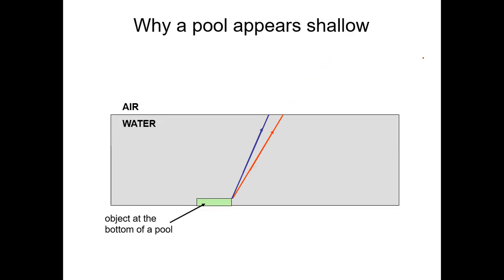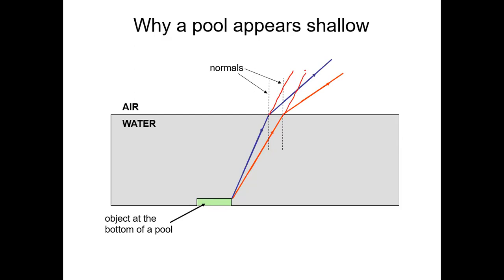Of course, as light is going from water to air, we have to draw the normals. So these are the normals. The light is going from water to air, so it has to move away from the normal. See, it's moving away from the normal because the original path was this one and this one.